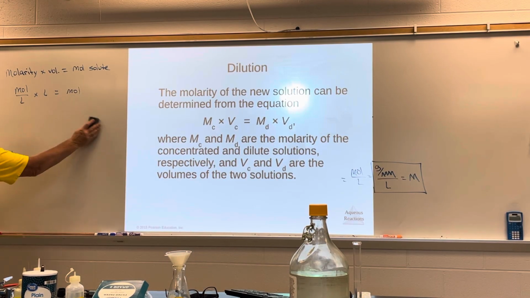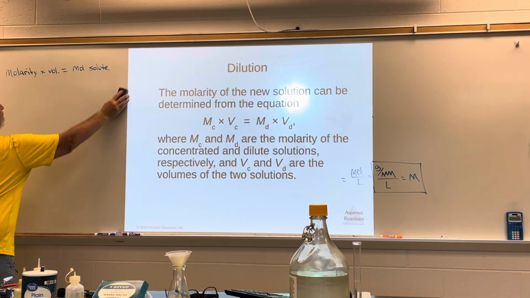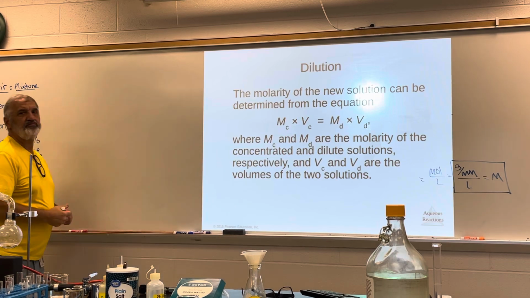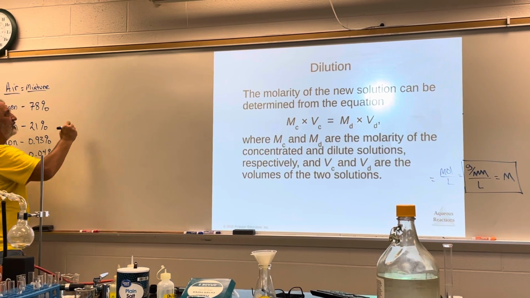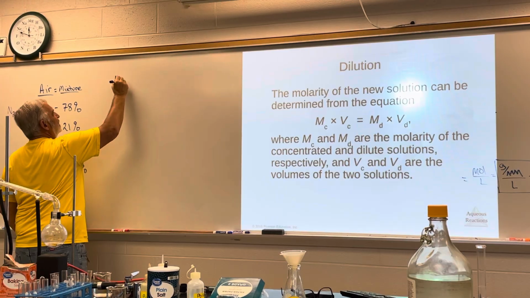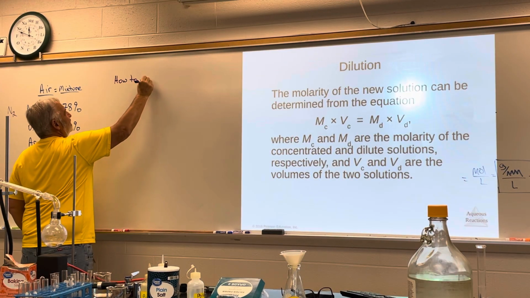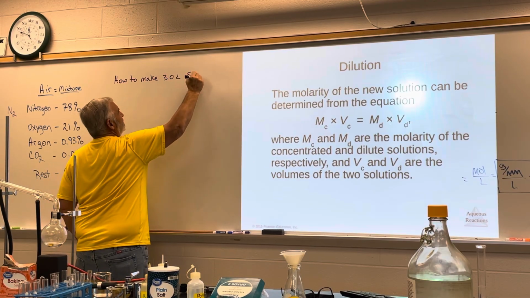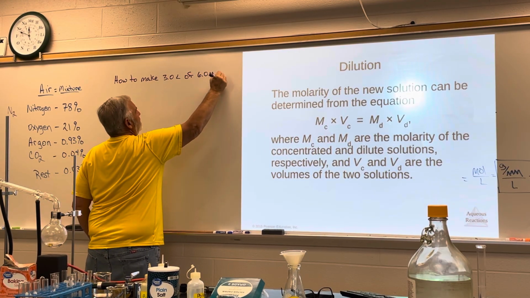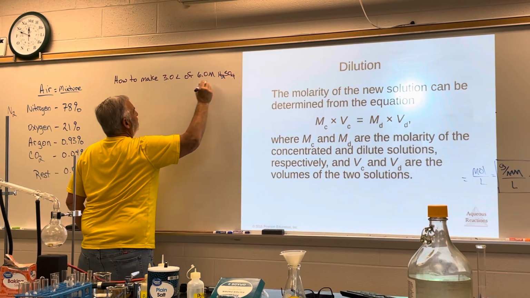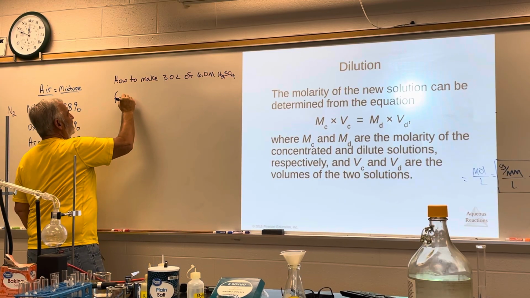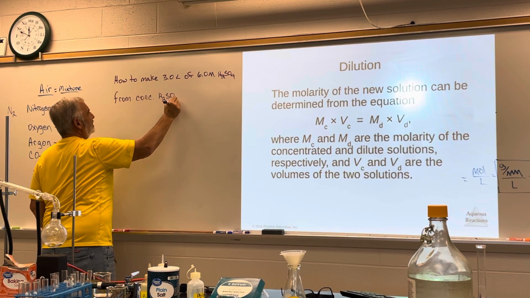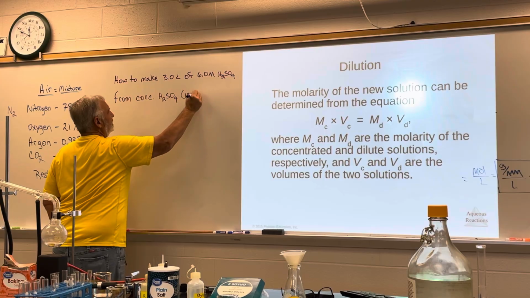So I also had to make 6 molar H2SO4. How to make 3 liters of 6 molar H2SO4 from concentrated H2SO4, which is 18 molar.